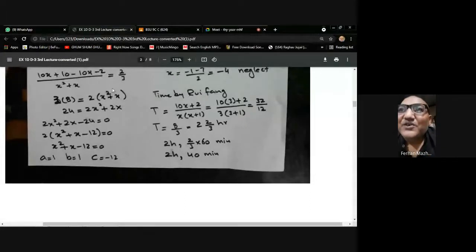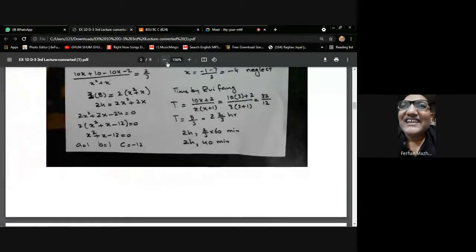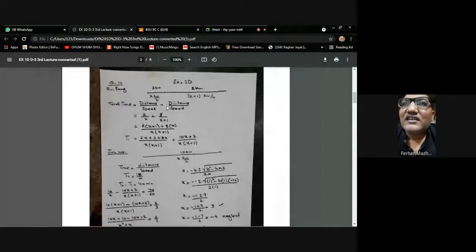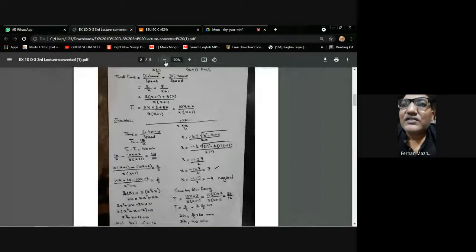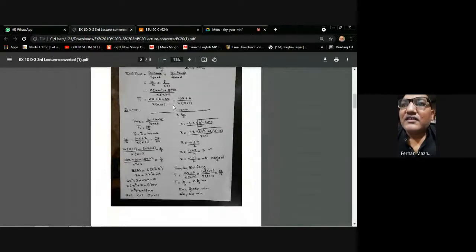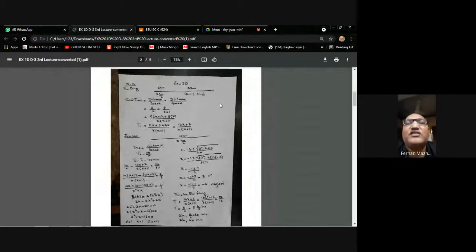Okay, so hopefully you have understood. And let me show you the whole question. Hopefully this is still not visible. Okay, now I think you can see the whole question. This question is about speed, distance, and time.